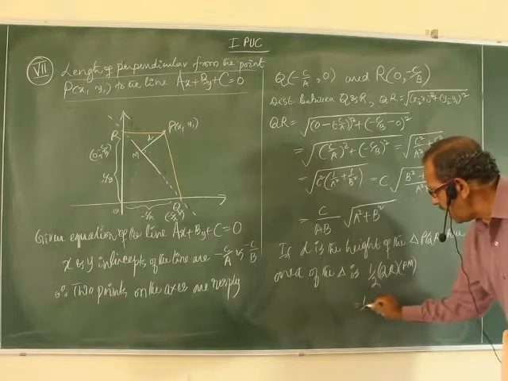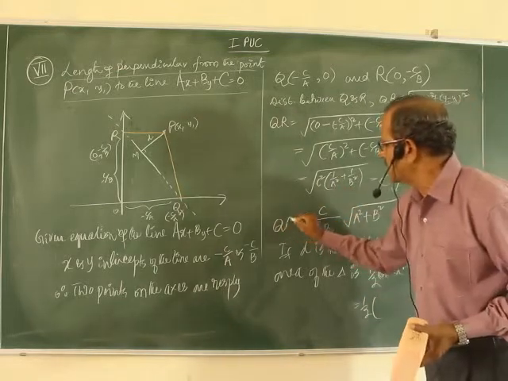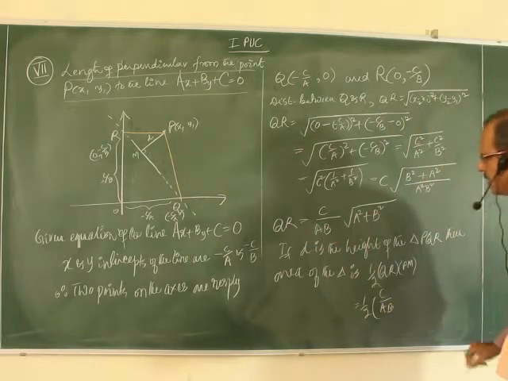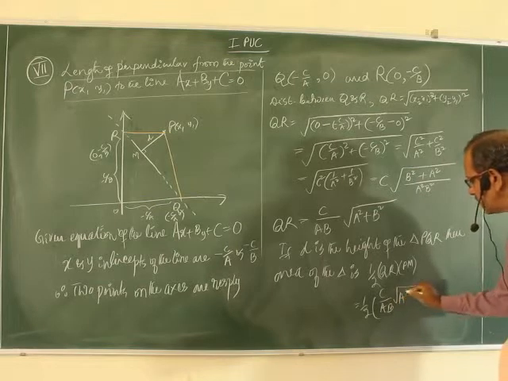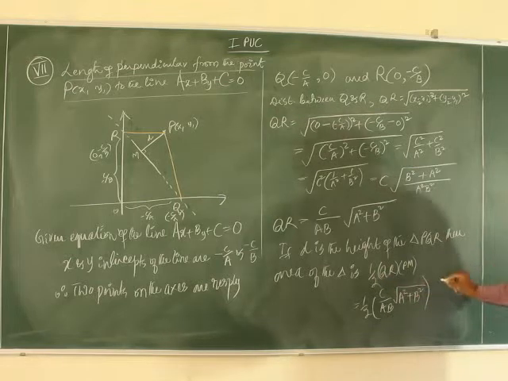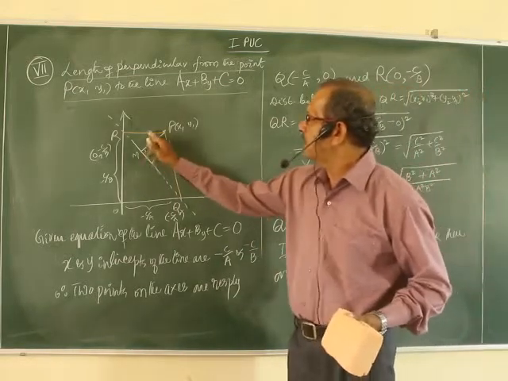Or it is half into QR, you have calculated. Let me write once again. QR is c by ab into root of a square plus b square. Half into QR into PM, height PM is taken as D.